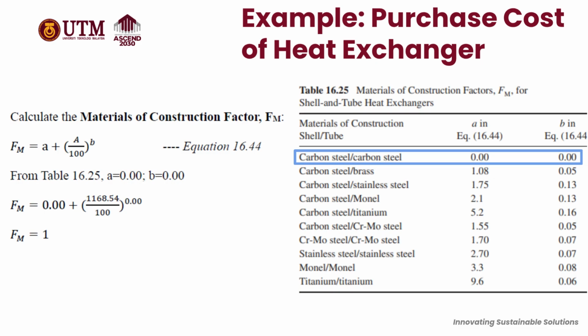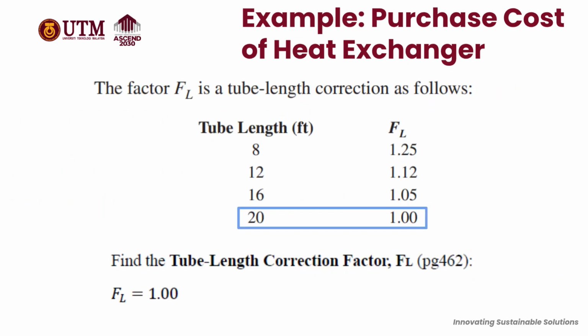And from table 16.25, we can see that for carbon steel and carbon steel, the A and B are equal to 0. So by substituting into the equation, we can get Fm equal to 1. Then is the FL, which is the tube length correction factor. We can find this table on page 462, as our tube length is 20 feet, so the FL is equal to 1.